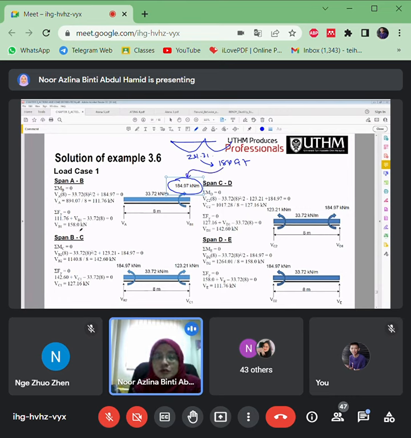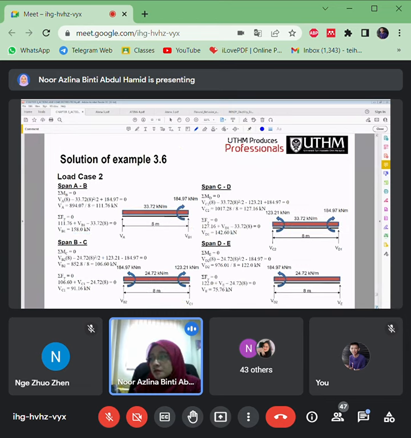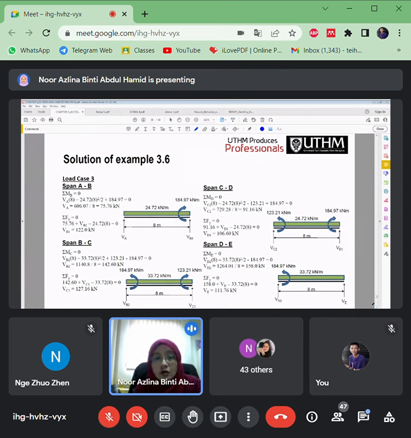This is an example of the cut section solution. In example 3.5 there is no cut section example. This one is given in example 3.6, but it uses the value after redistribution. So you get the new VA, the new support reaction at each support. From these new values, you can plot back according to all the cases.